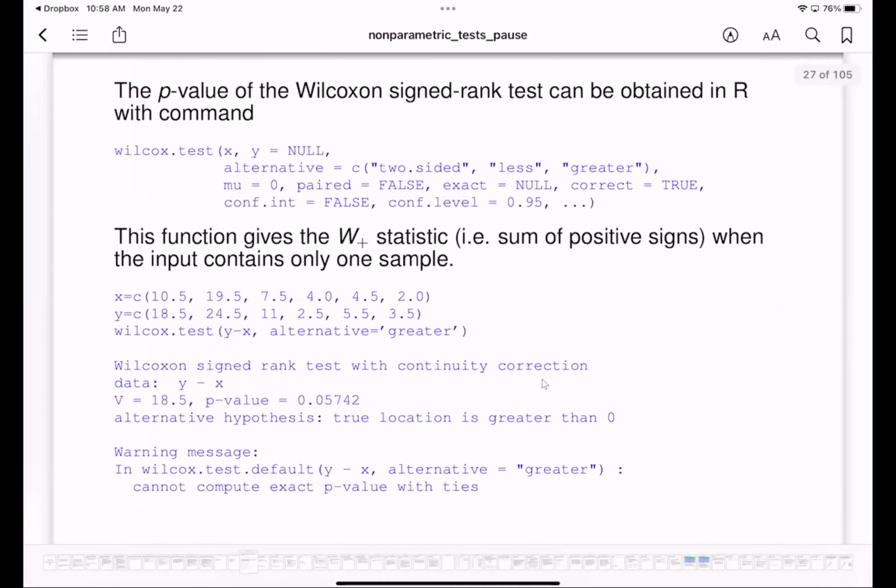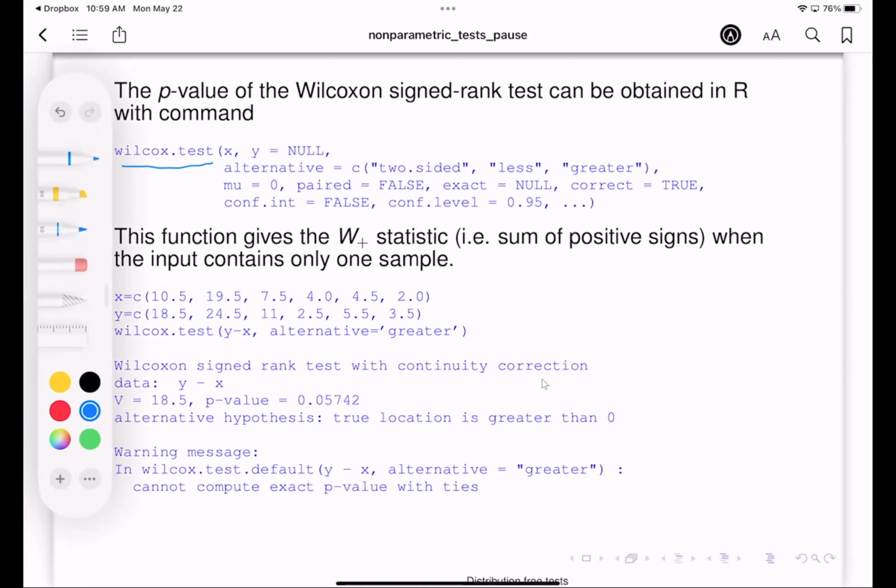In this case, we can use R to obtain the test p-value. You call wilcox.test. Inside of that, you can feed the two samples, x and y, specify the alternative equal to a value in quotation marks, and specify whether the data is paired or not.